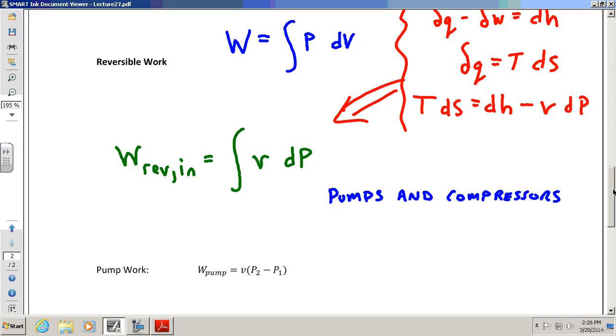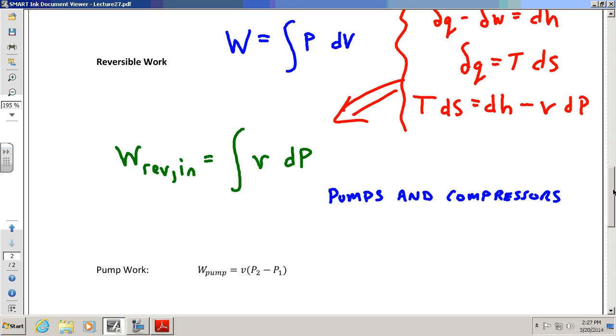The purpose of a compressor is to raise the pressure of a gas. This is why this equation is so interesting, and it helps connect some very fundamental concepts. The integral of the specific volume times the pressure change, dP, is equal to the reversible work in.